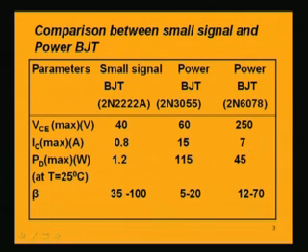But the current amplification factor beta is typically low in power BJTs, whereas in small signal BJTs it is high, around 35 to 100. In power BJTs it is between 5 and 20 for 3055 and between 12 and 70 for 6078. So the beta value is lower in power BJTs, but they are meant for power amplification: the current amplification may be less, but the overall power amplification will be high.